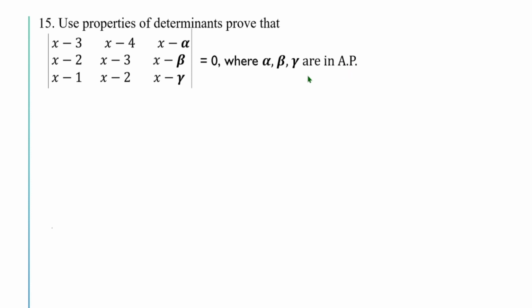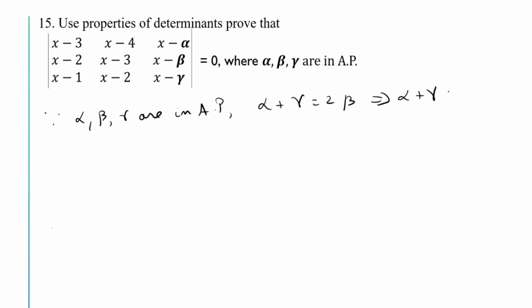So when we have alpha, beta, gamma in arithmetic progression, then alpha plus gamma is equal to 2 beta, which means alpha plus gamma minus 2 beta is equal to 0.